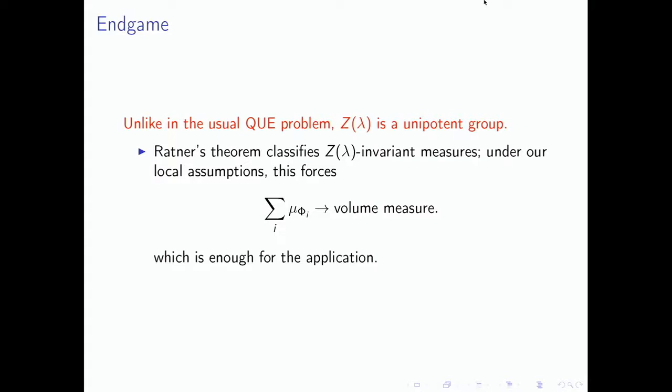Using them, you find that this average of mu phis approaches the volume measure. Ratner's theorem is what really bridges the difficult point here. Are there any questions?